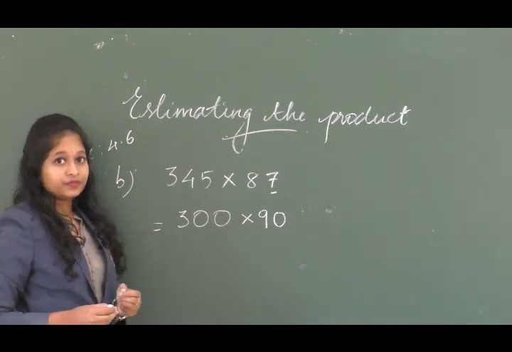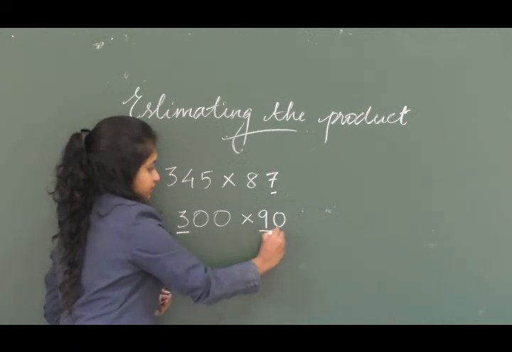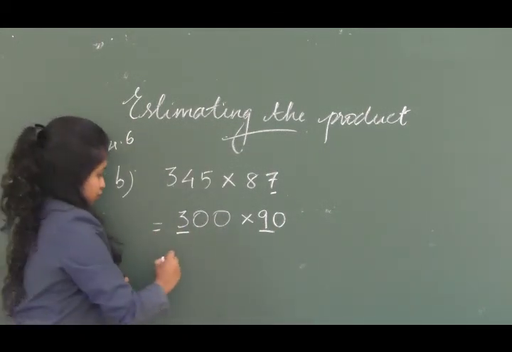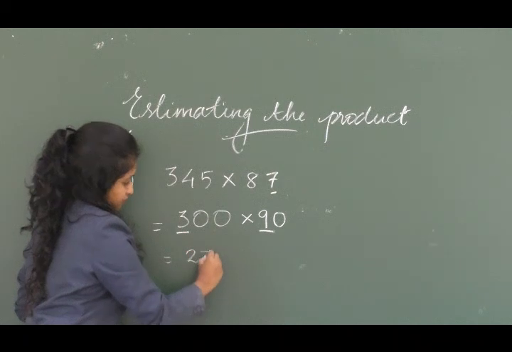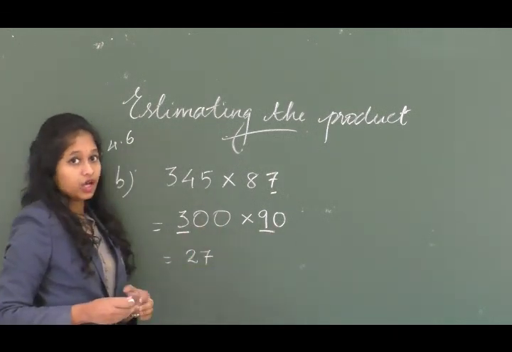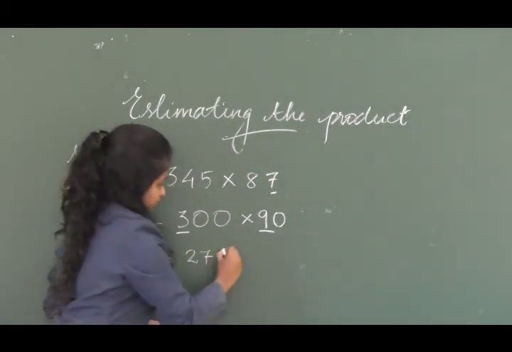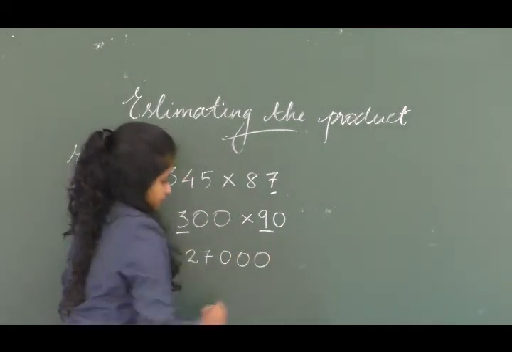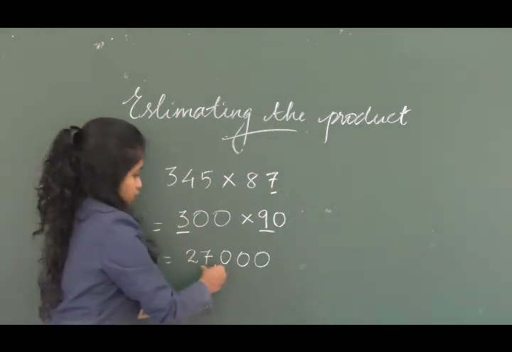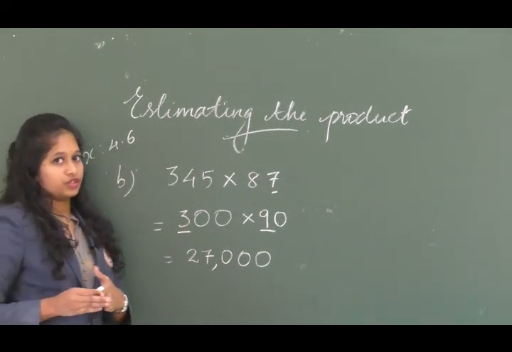Now it is easy to do. Multiply 3 and 9. 9 3s are 27. Now insert the zeros. How many zeros? 1, 2, 3. So the product we get as 27,000, and that is the estimated product.